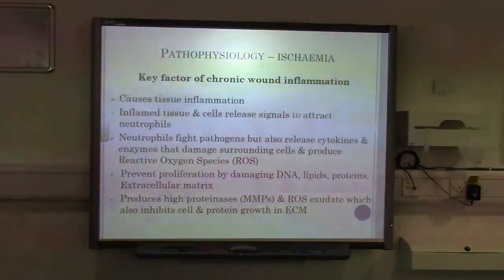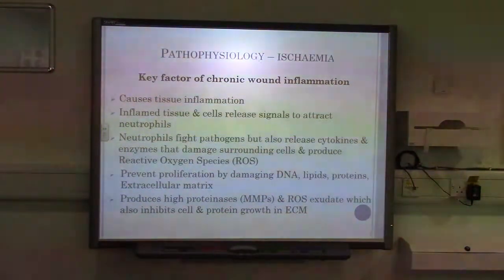The microorganisms can invade the area and cause the wound to become infected, which then causes prolonged inflammation, because there's an influx of neutrophils to try and remove the bacteria by phagocytosis.